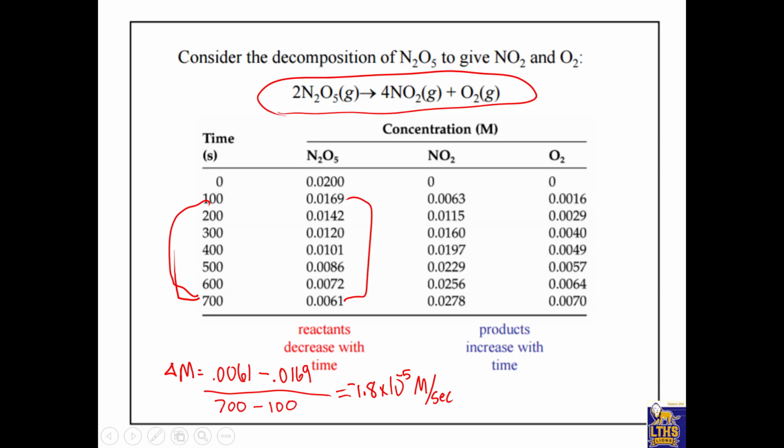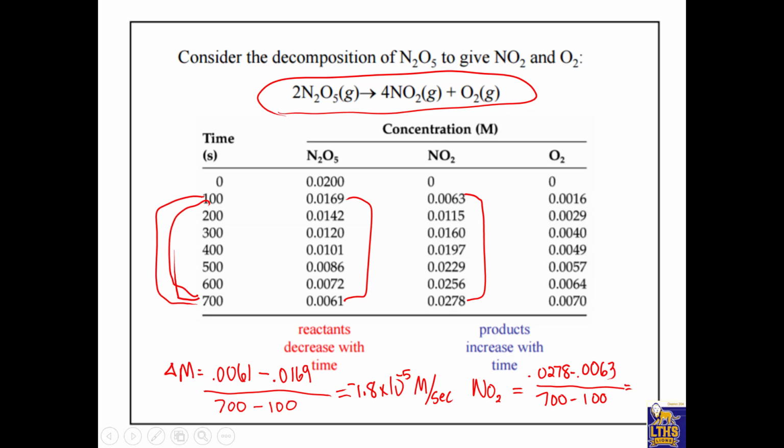And you can see for products, we can do the rate of NO2 forming. So let's do that in the same time interval. Okay. So the NO2 rate is going to be 0.0278 minus 0.0063 divided by the time interval, which was 700 seconds minus 100 seconds.